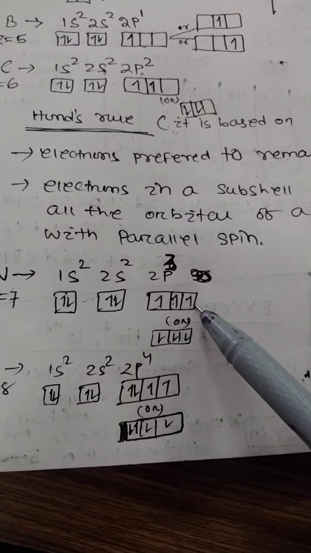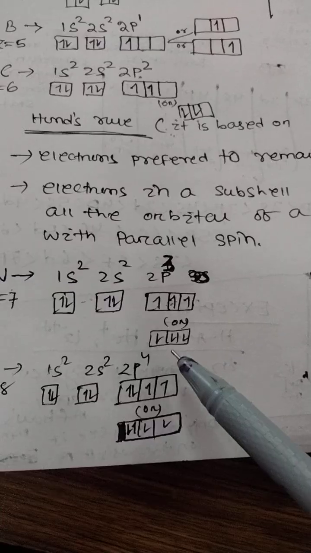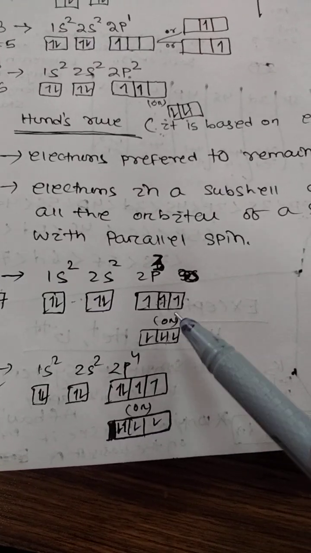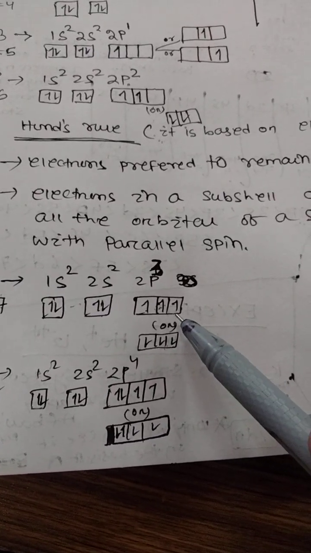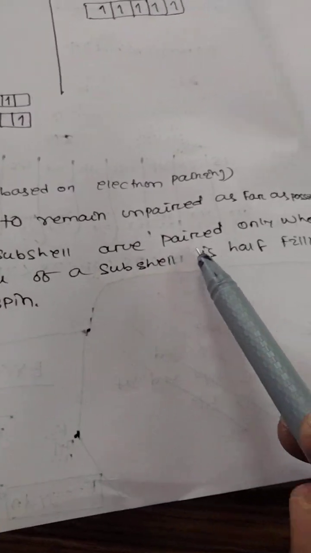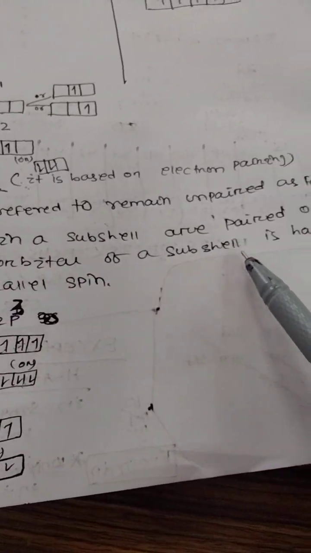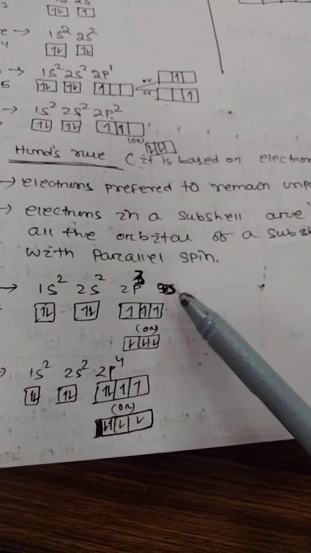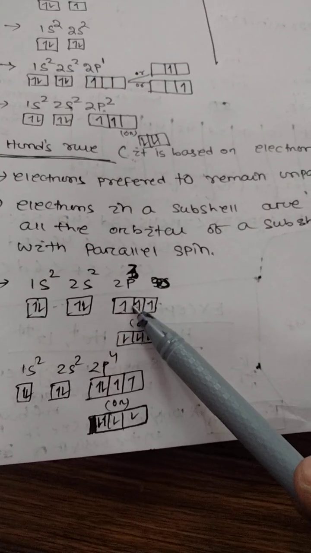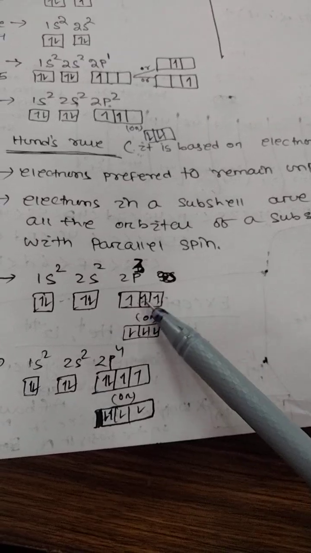So px, py, pz have one electron each, with parallel spins. Electrons in a subshell are paired only when all the orbitals of the subshell are half filled with parallel spin.